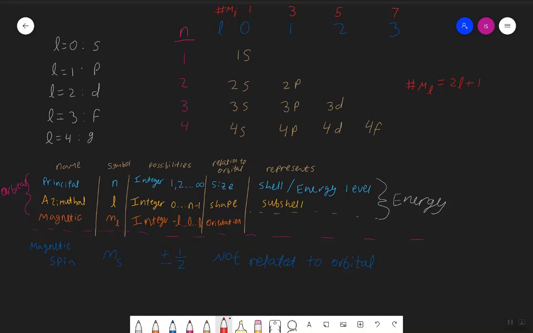There are 4 quantum numbers, and no 2 electrons in an atom can have the same set of these 4 quantum numbers, right? So an orbital is described by n, l, and ml. Well, then the only quantum number left is ms, and there are 2 possible values. So that would tell us that there are only allowed to be 2 electrons per orbital. Okay, so this is the Pauli exclusion principle.